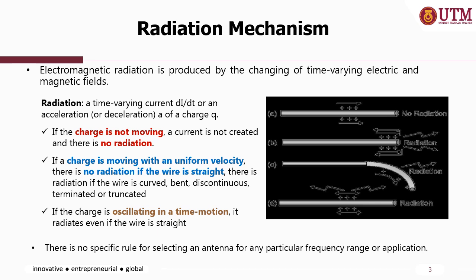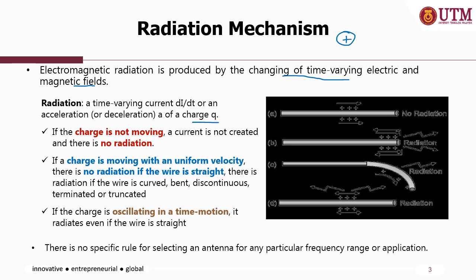Okay, radiation mechanism. Electromagnetic radiation is produced by time-varying electric and magnetic fields due to the acceleration or deceleration of charges Q. If you have a charge that is static, there's no current or time-varying current produced, therefore no radiation.